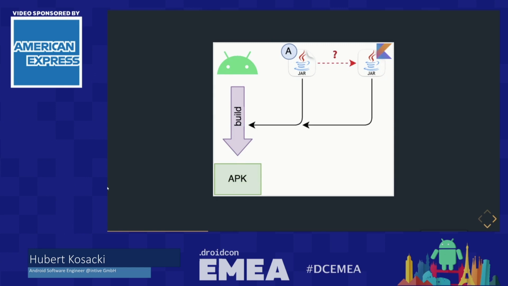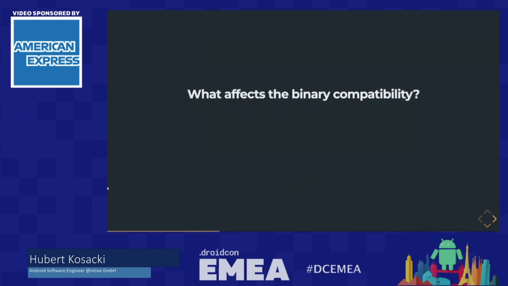Knowing that Kotlin does some things automatically, we need to be aware of what binary compatibility requires to be fulfilled in order to be able to run this configuration safely. So let's have a closer look at what affects the binary compatibility. If in our library we do some internal changes that are non-exposed, we should be safe.